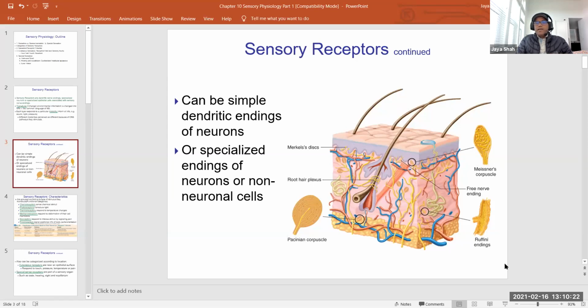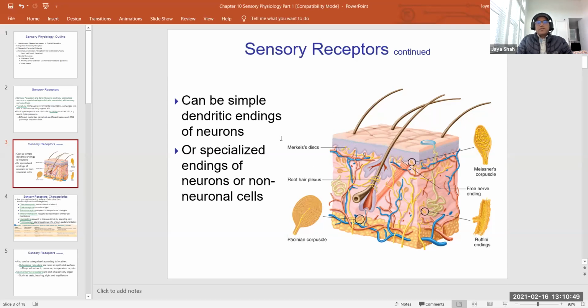Then there are Ruffini's endings, again nerve fiber and then a connective tissue layer. There are Pacinian corpuscles here, so you have a nerve ending going inside and then layers of connective tissue, like onion layers on the nerve fibers, and Pacinian corpuscles are the pressure receptors.